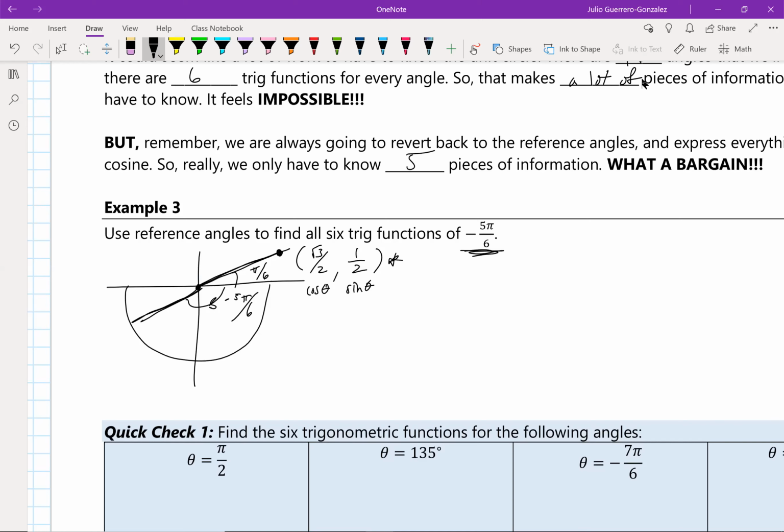How about we do sine of negative 5 pi over 6. That is going to be negative 1/2. I apologize for that one. Since we know it lives down here, the cosine would have to be negative.